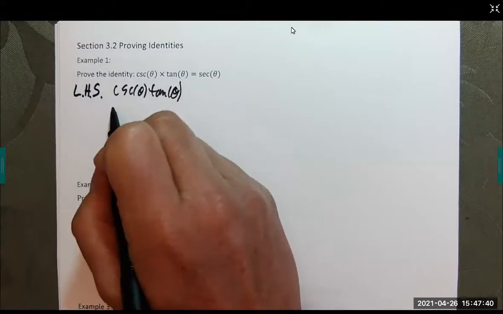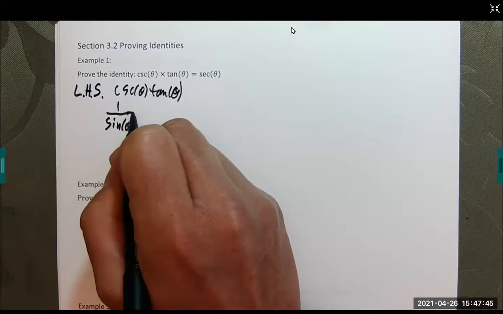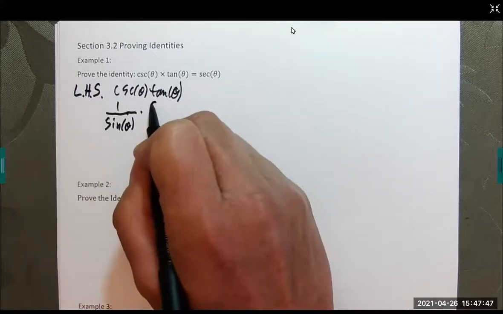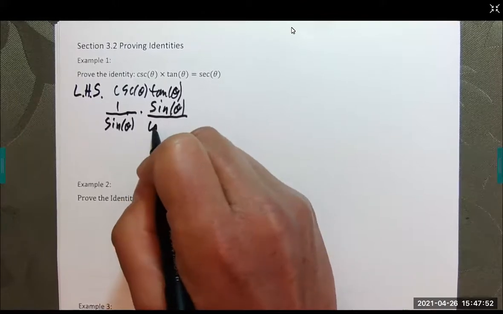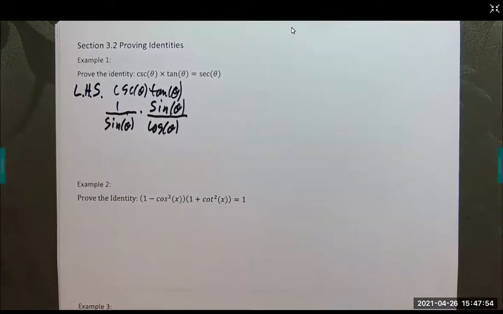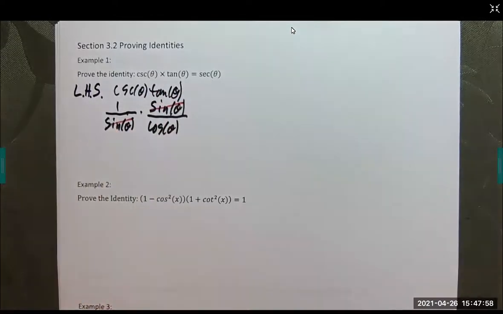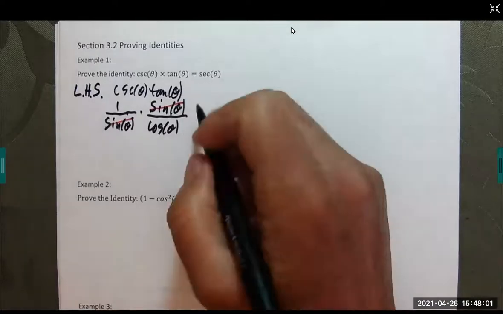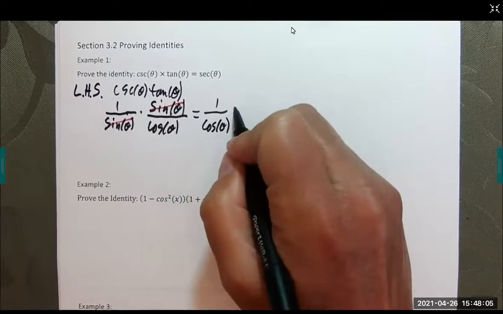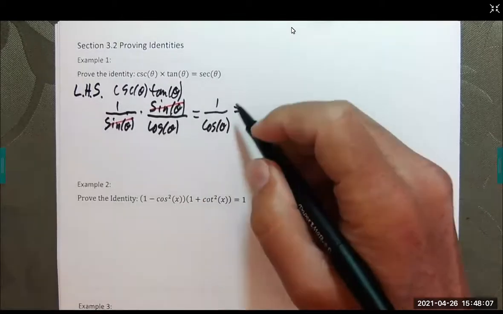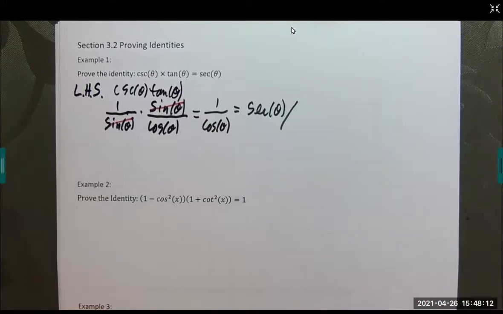So this becomes 1 over sine theta, and tangent becomes sine theta over cosine theta. And you can see sine thetas reduce. I'm left with 1 over cosine theta, which by definition is secant of theta. Look at that. We achieved it.